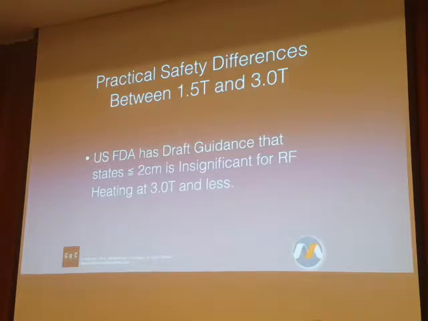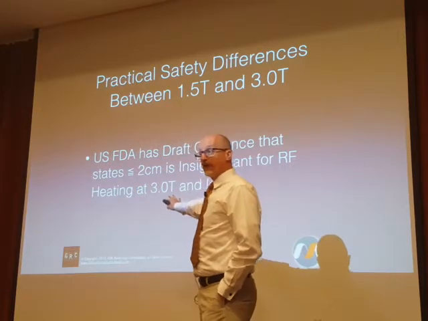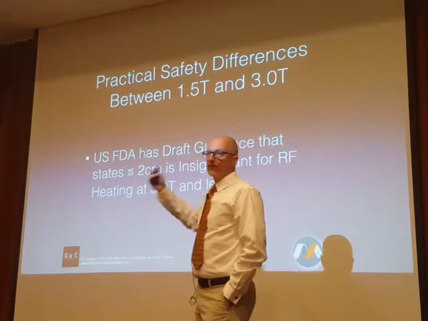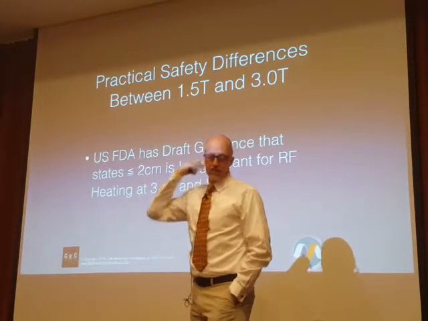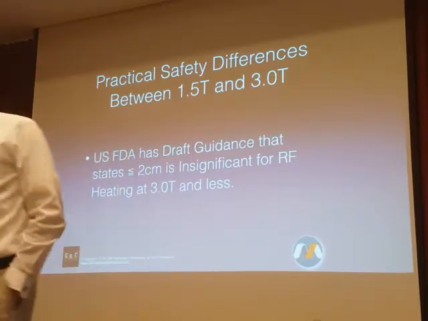Heating above and beyond what you're generally doing to the tissues with diffuse heating. So we're talking specifically about focal heating and causing tissue damage or burns with that. So the US FDA is floating tentatively a 2 centimeter threshold. Dr. Canal's stated threshold is about 5 centimeters.